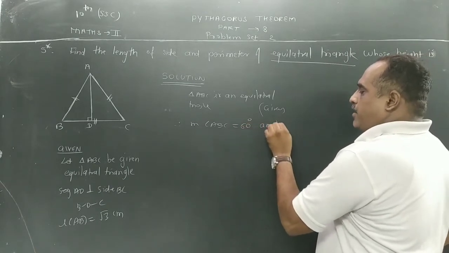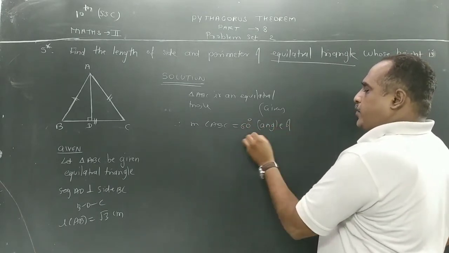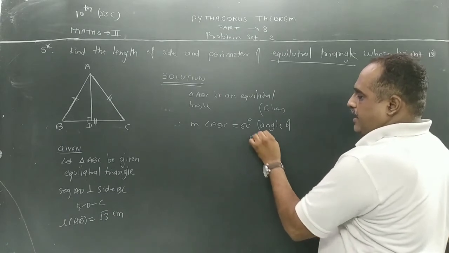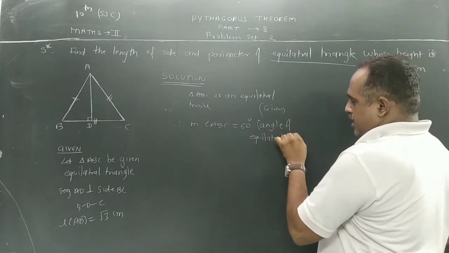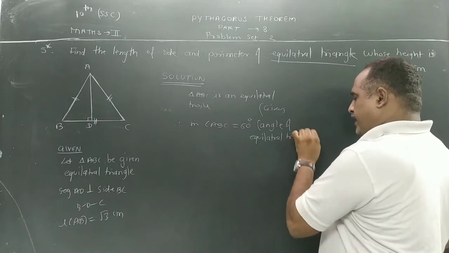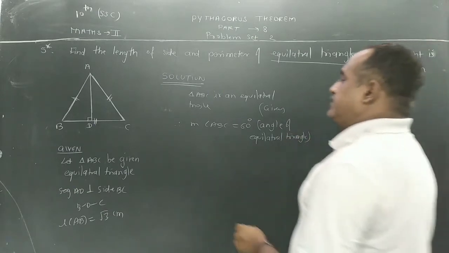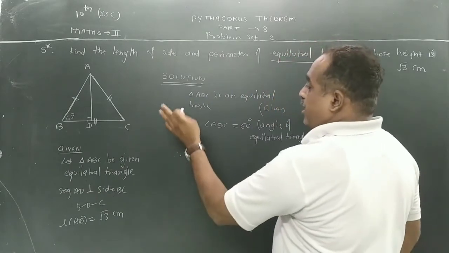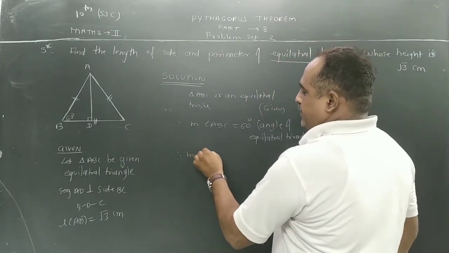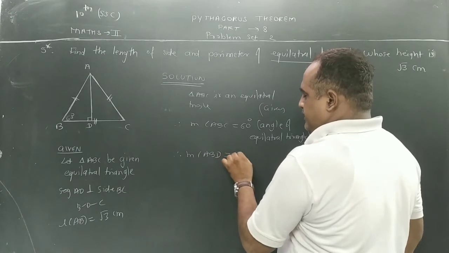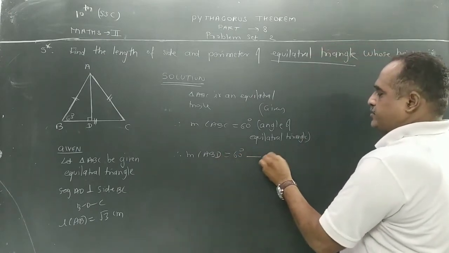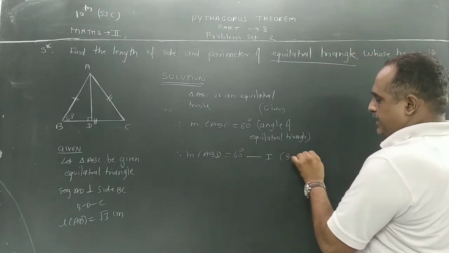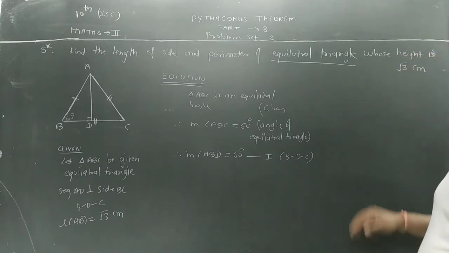Angle of equilateral triangle, so this becomes 60 degree. Therefore, instead of ABC, I write measure of angle ABD is equal to 60 degree. Take it as equation 1, and B, D and C are collinear points.